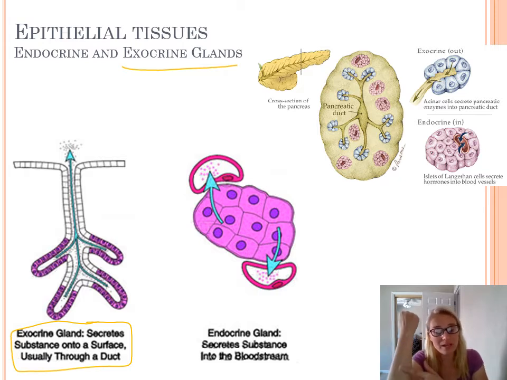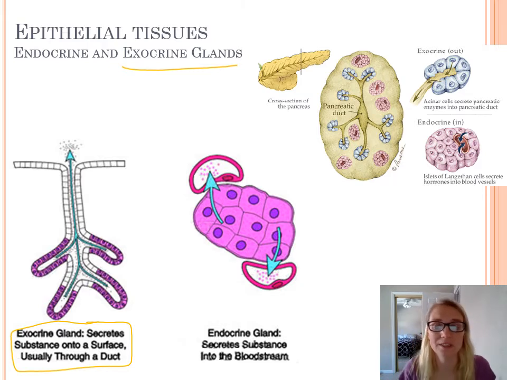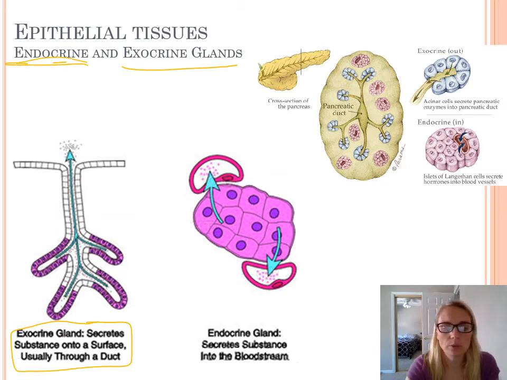It doesn't always have to be the outside of your body. Like your saliva goes to the outside surface in your mouth, but your mouth is technically inside your body. So don't get lulled into thinking that exocrine glands can only go to the exterior surface. They can go to a surface. Endocrine glands, endo meaning to the inside, they secrete their products into the bloodstream.